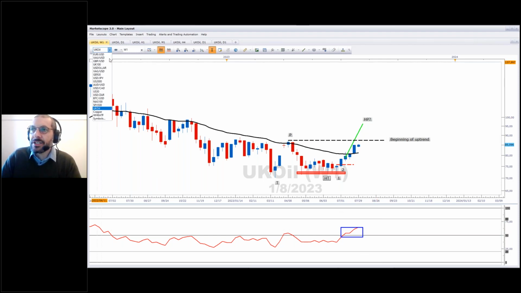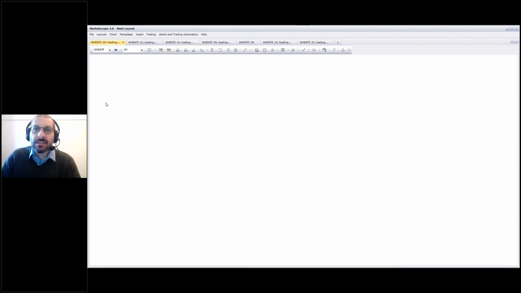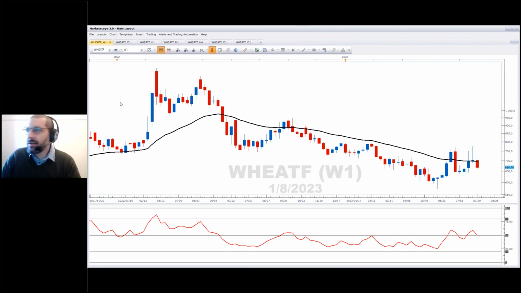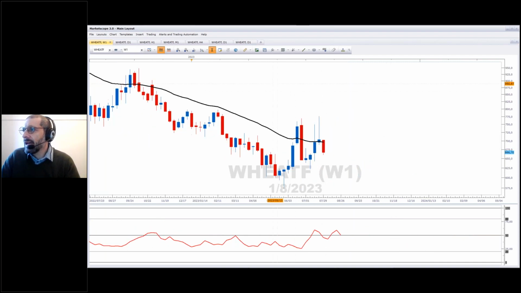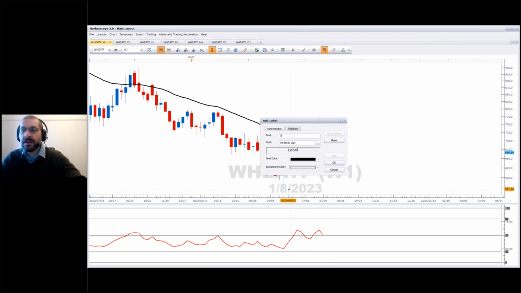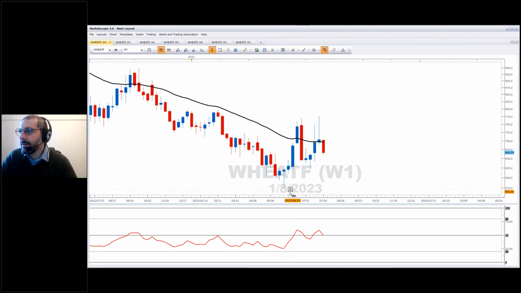One more just to look at, let's just take a look at wheat. The CRB index is heavily weighted towards energy and agriculture. This is a bit of a tough one. Let's put in our peaks and troughs to try and make it a bit more simple. So you've got the reference trough.